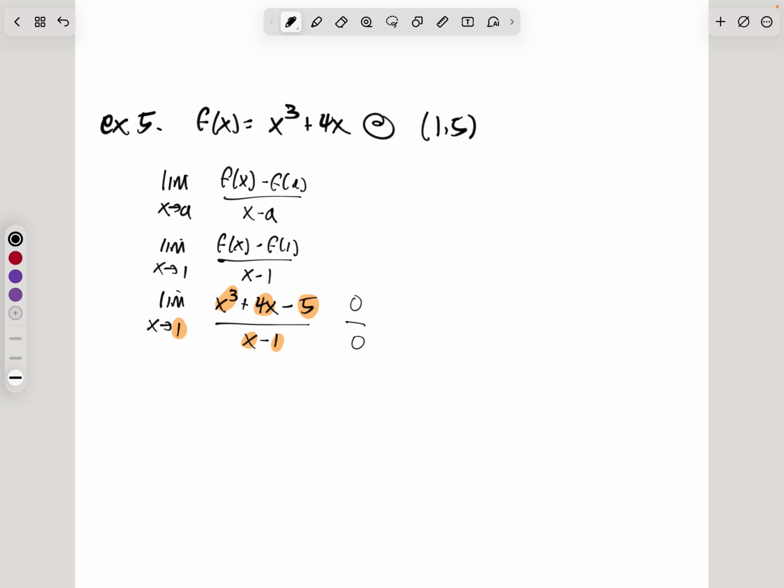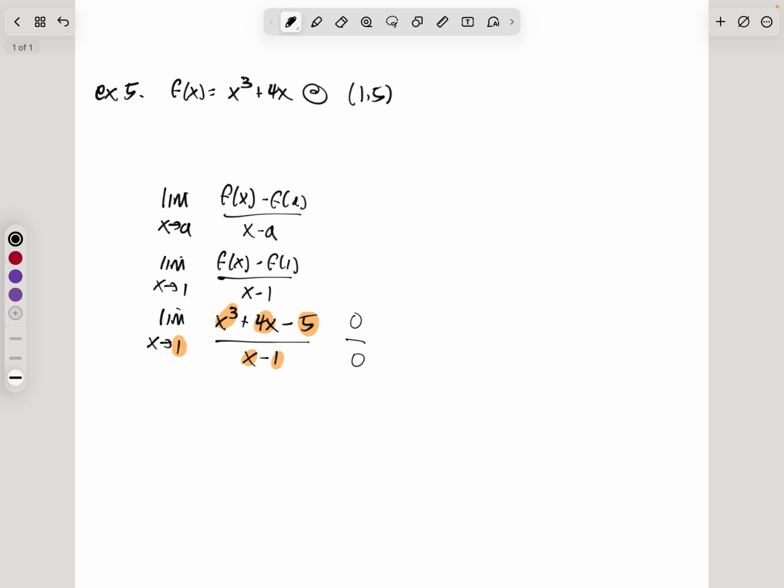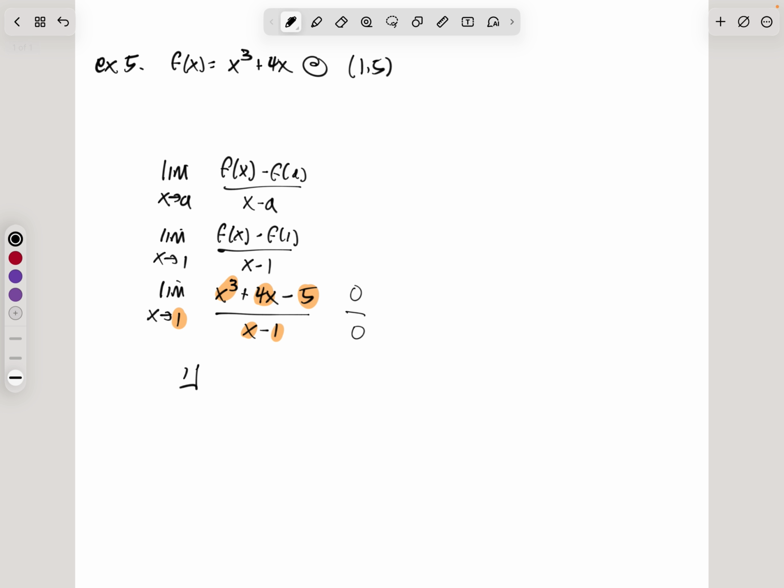It's not quadratic. I can't do like what multiplies to 5 and adds to 4. It doesn't quite work that way. If anything cancels from the top and bottom, it's going to be x minus 1. So I'd have to try to do synthetic division using x equals 1. So doing synthetic, I get 1, 0, 4, negative 5 as the coefficients of the numerator.